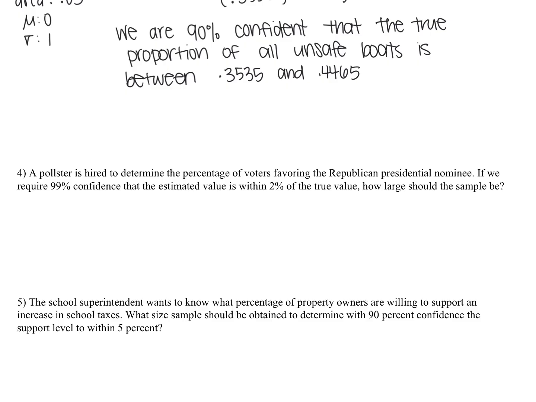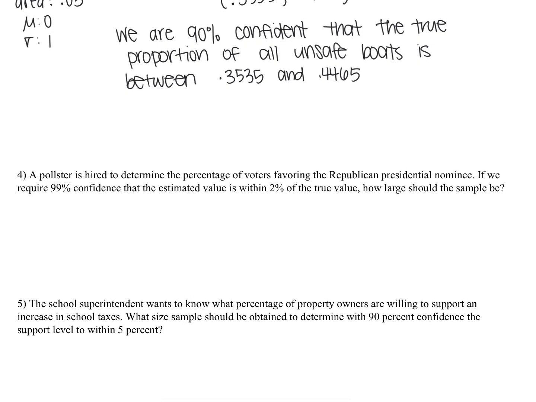So you don't need to memorize it. So there are 3 things you need, though, to plug into the formula. The first is your margin of error. So for our problem, they say that we want to be within 2% of the true value. So that's our margin of error, which is, as a decimal, 0.02.